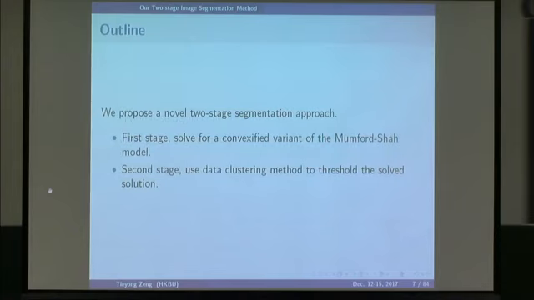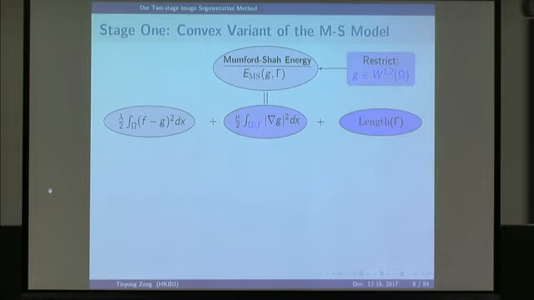We propose a two-stage segmentation approach. In the first stage, we solve an H1 minimization model, and in the second stage, the data can be clustered into phases. So the idea is here. From the original model, you have 3 terms.